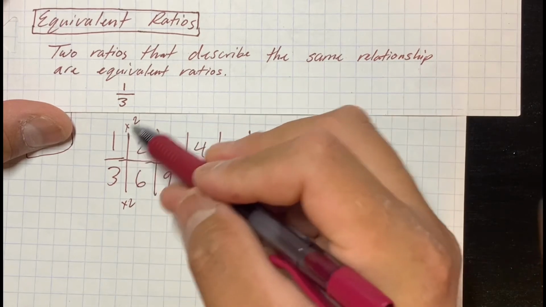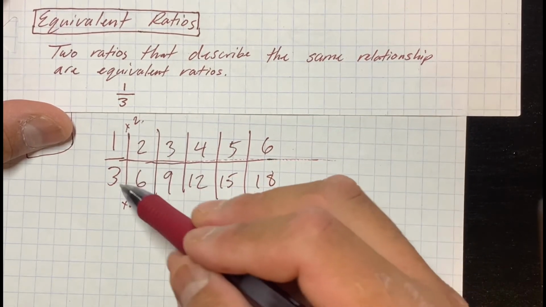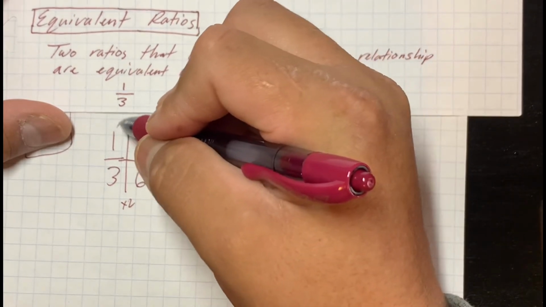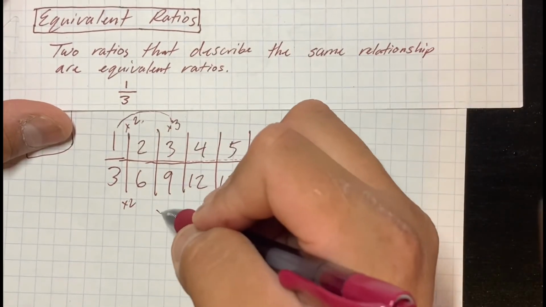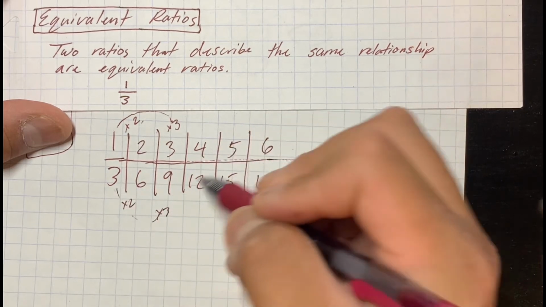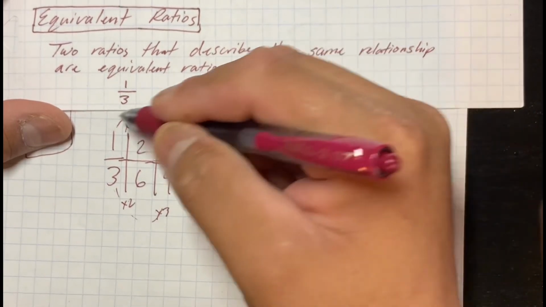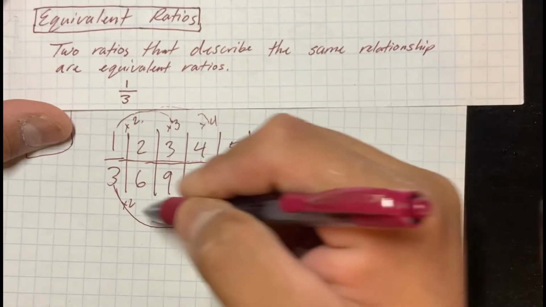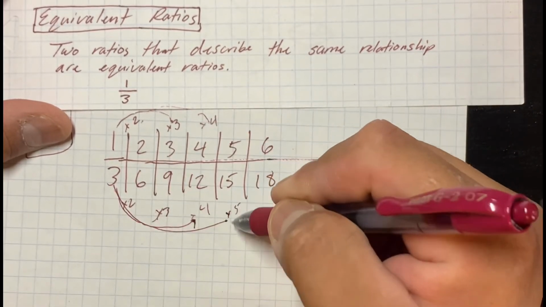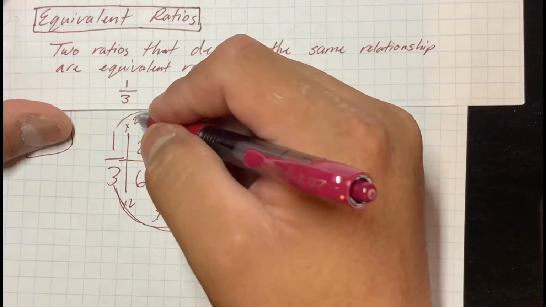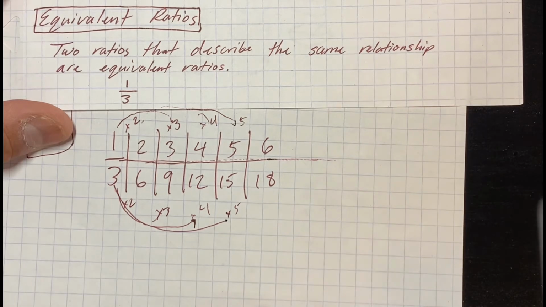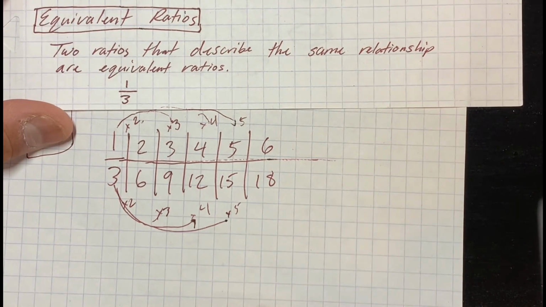Okay, so 1 times 2 is 2. 3 times 2 is 6. Here we multiplied by 3. 1 times 3 is 3, and 3 times 3 is 9. Multiplied by 4. 1 times 4 is 4, and 3 times 4 is 12. Multiply by 5. 3 times 5 is 15. 1 times 5 is 5. So again, these are equivalent ratios. We're just describing the ratio and showing that it has the same relationships.